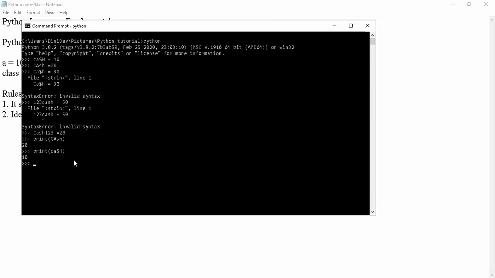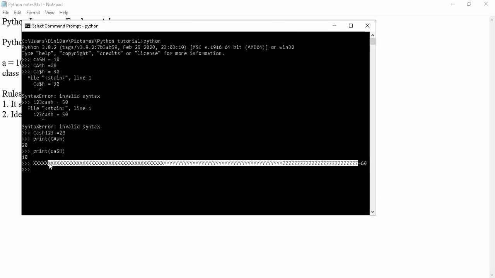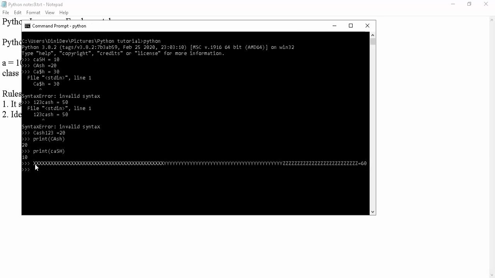Python is a case sensitive programming language and there is no limit for Python identifier length. Like I can give XXX, YYY, Z equal to 60. You can also mention 1,000 letters, but it is not a good programming practice, right? It will execute.